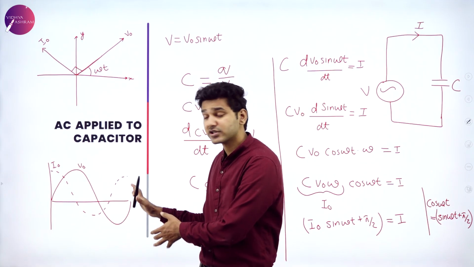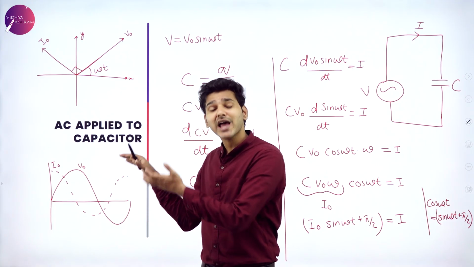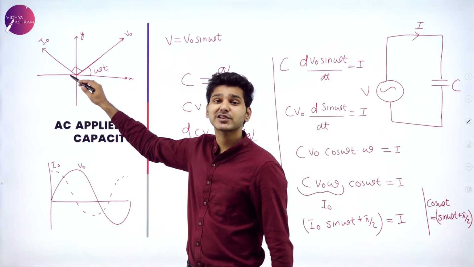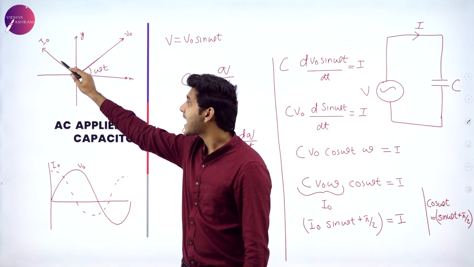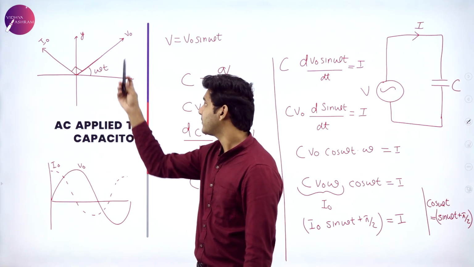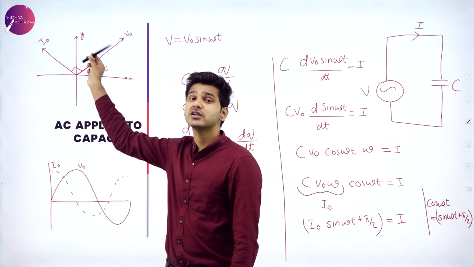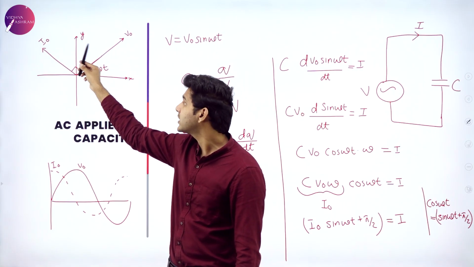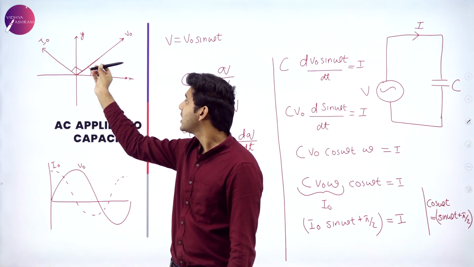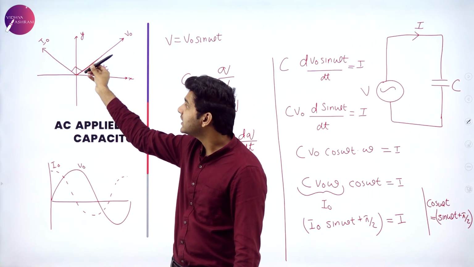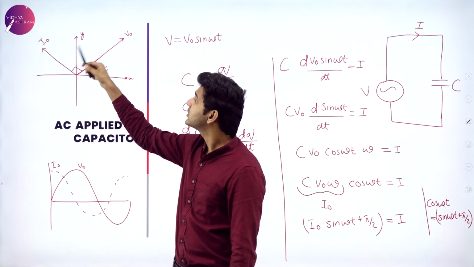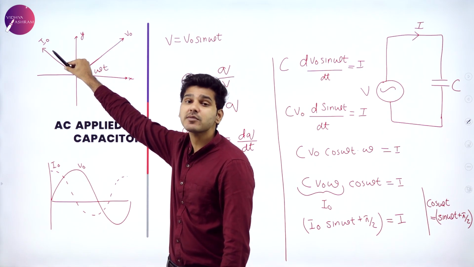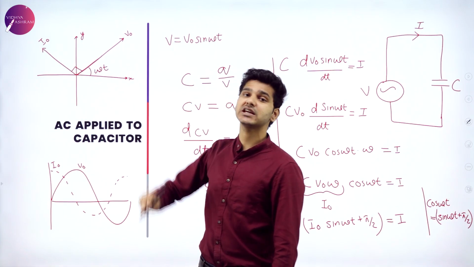It is a bit messy to understand from this particular graph. That is why we implement phasor diagrams. Now we can say that voltage is lagging behind current. We measure the angle towards the left, so voltage is only here while current is already here, which means current is leading voltage by 90 degrees, or voltage is lagging behind current by 90 degrees.